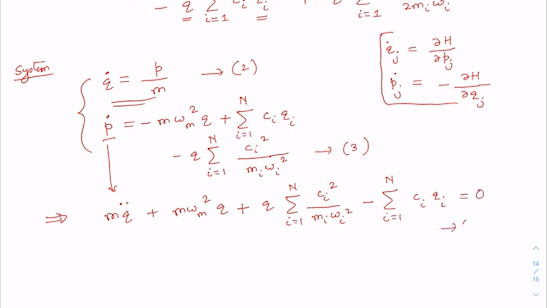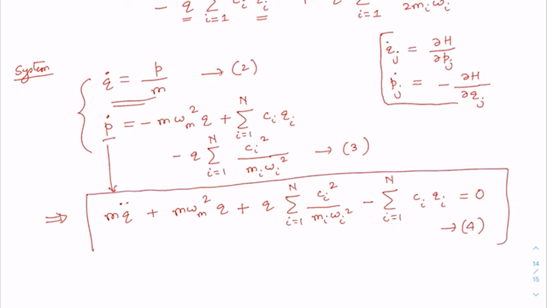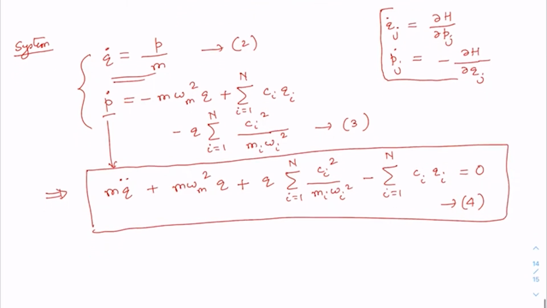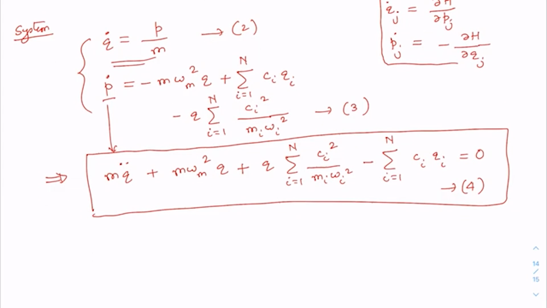So let us say this is my equation number 4. This is going to be a very important equation. We are going to come back to this equation a little bit later, and these are for the system.